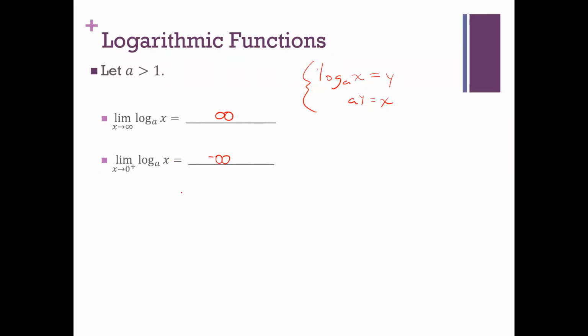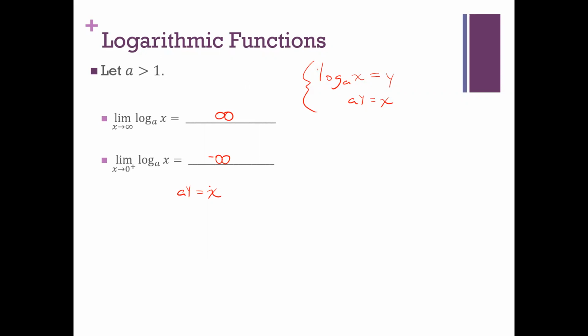So again, let's look at this: a to the y equals x. Let's start with this first of all. Is it possible for x to be 0 in this situation?